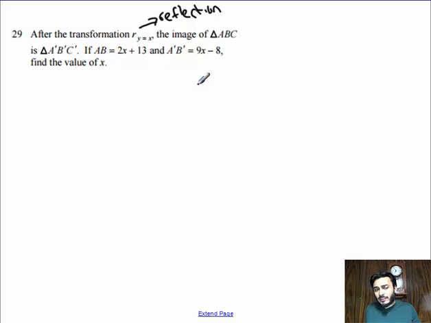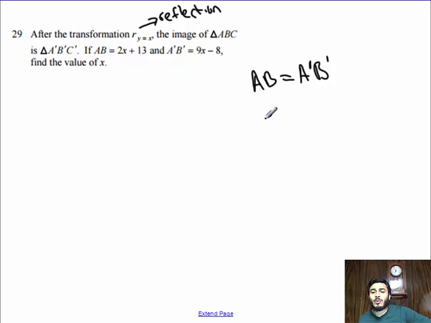So what they're really testing here in number 29 is whether or not you understand that in a reflection, the distances of the original figure are preserved. So remember, right, if you reflect an object across a line or across a point, the image that's produced is congruent to the original image. So we know that AB is equal to A'B'.